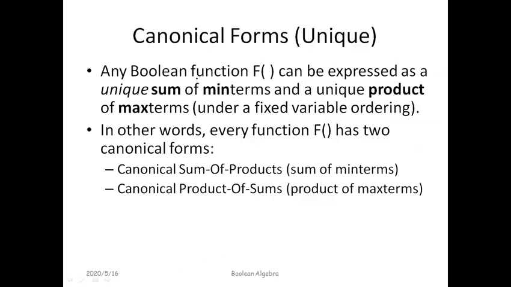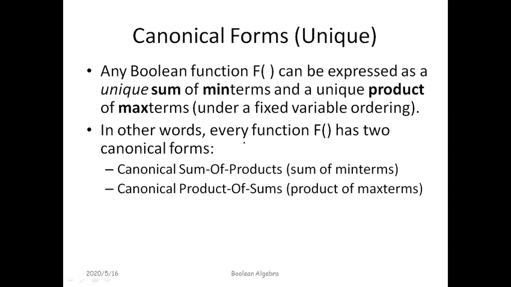Let's now look at the canonical forms. Yeah, the canonical forms. These are unique forms. So any Boolean function can be expressed as a unique sum of the min terms, and also a unique product of max terms. That is under a fixed variable ordering.